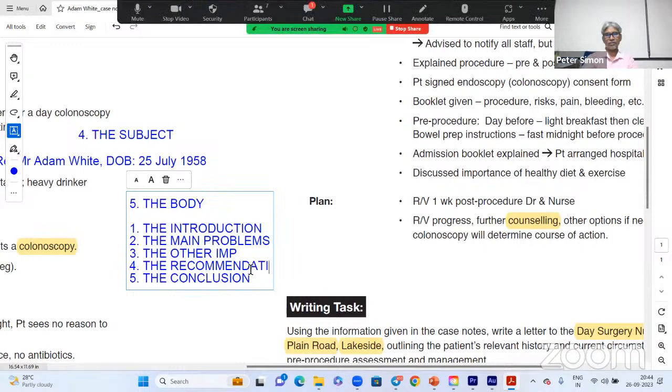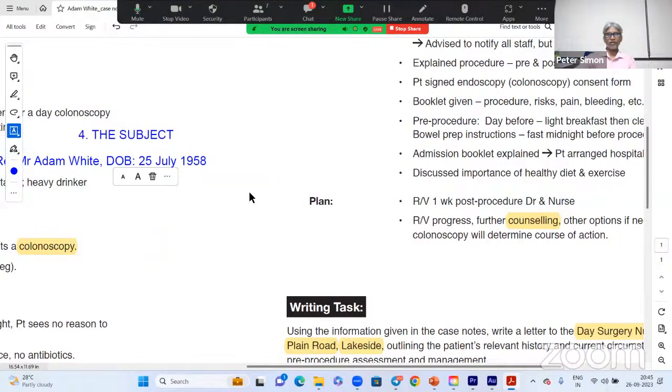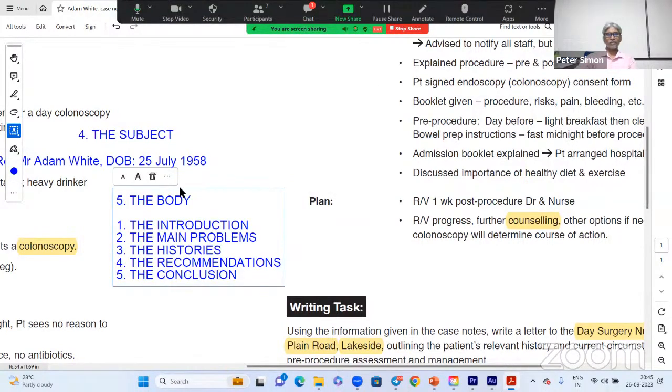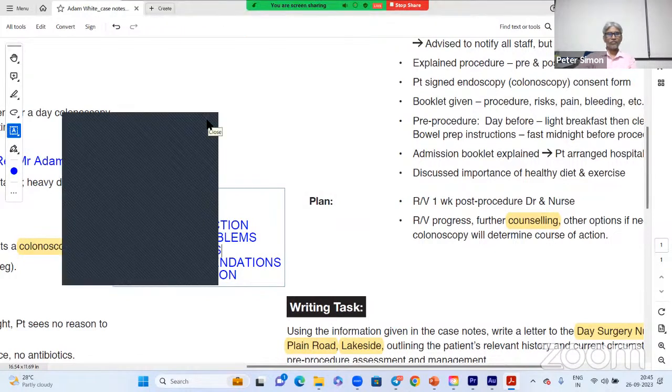So you can say histories. Organization is very important. Which paragraph will come first? If date of birth and age both are given, you have to choose date of birth, because date of birth is more important.